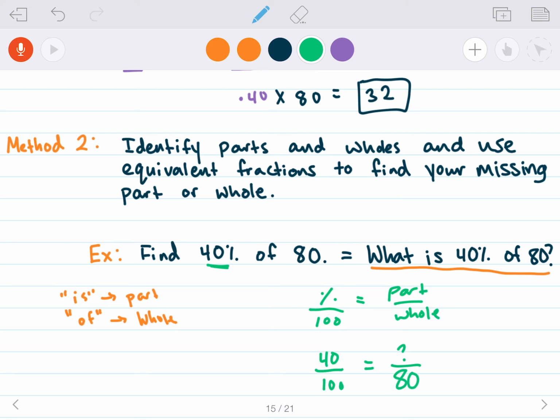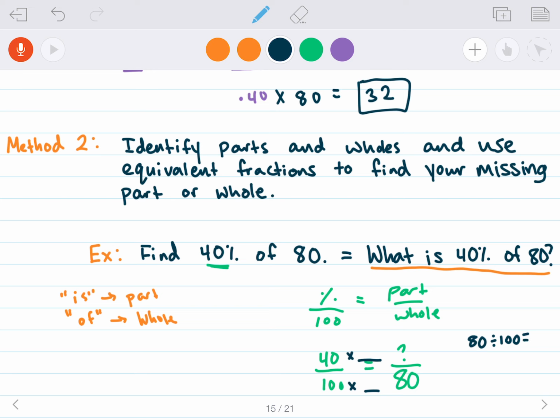All right. And so now we just work with equivalent fractions here. We say, okay, well, 100 times what is 80? We need to do the same thing to the top. Whatever that number is, we need to multiply it by top and bottom. But, 100 times what is 80? Well, I'm not sure what that is, so we have to do 80 divided by 100 to see what that missing number is.